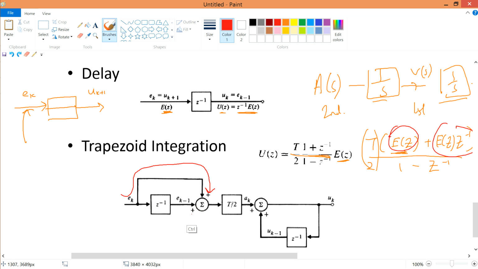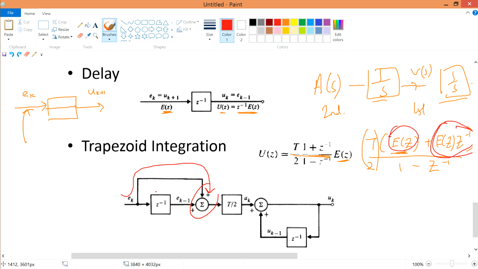Or in other words, Ek can be written as Ez, and multiplied with z minus 1, you know that z minus 1 is going to minus the 1, so this over here becomes k minus 1. But this transfer function that shows is only for this one only. This is only for indication, to tell you that Ek becomes Ek minus 1, that's all.